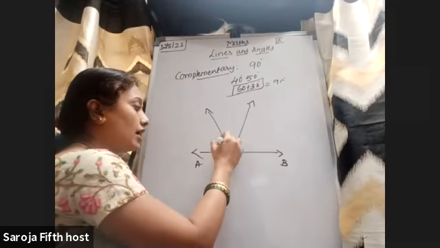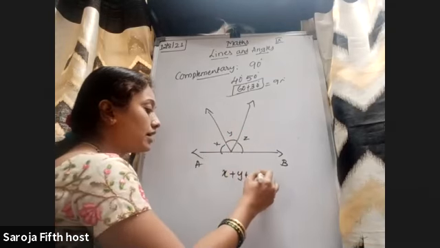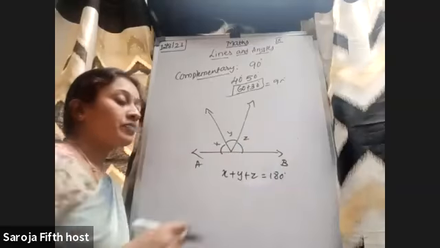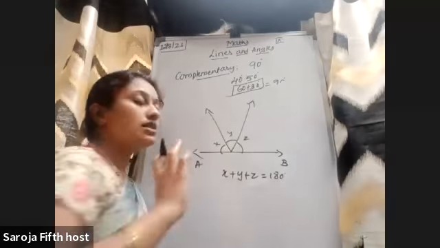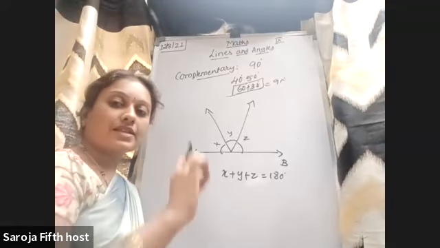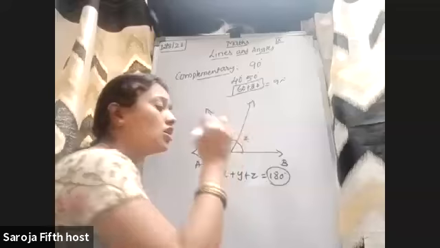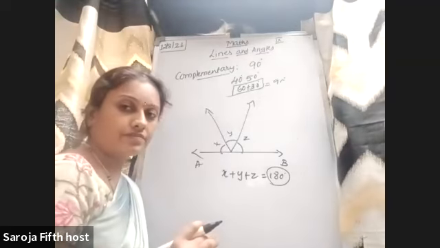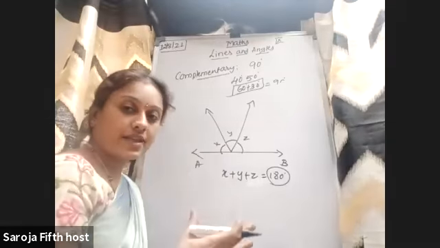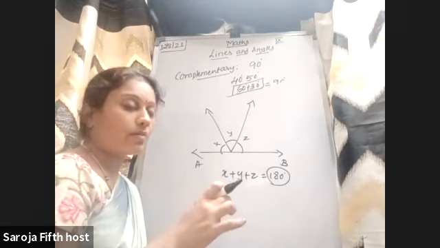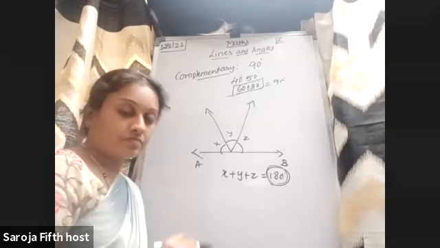I'll call them X, Y, Z. Then X plus Y plus Z is equal to 180 degrees. Whatever may be the angles formed on the straight line by the standing of these rays, the sum will always be 180 itself. It will not change. Maybe 3 angles or 6 angles, whatever the number of angles, the sum of the angles will never change. Is it clear?